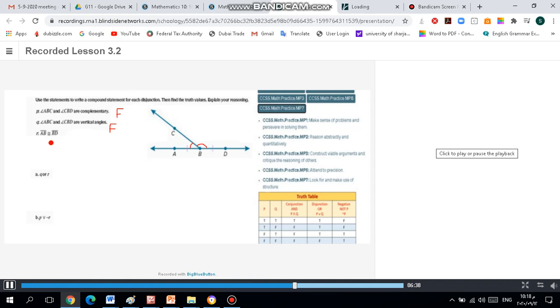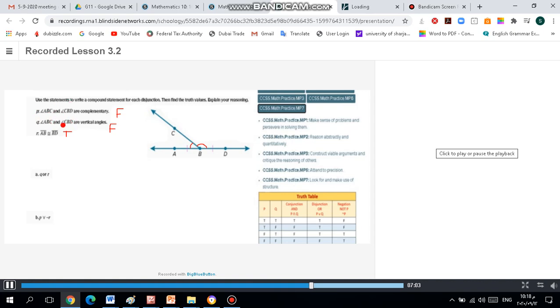Statement R: segment AB is congruent to segment BD, which is given in the question, so this is true.